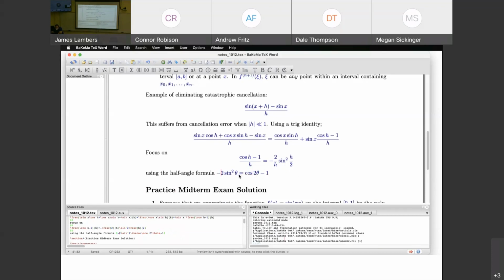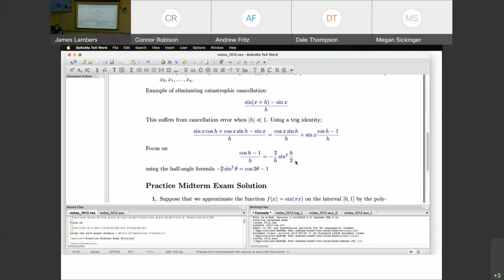Theta is equal to h over 2. Questions about that? Does that solve the problem? Because now we don't have a subtraction anymore. What's interesting is, since this is meant to approximate the derivative of sine, as h goes to 0, sine h over h goes to 1, so we're left with cosine x.